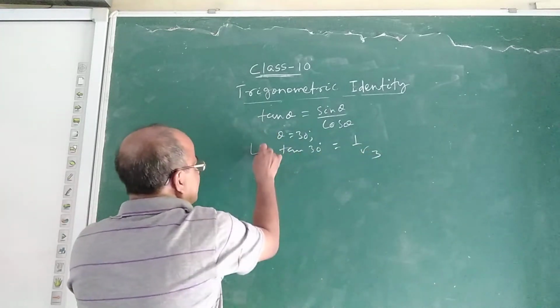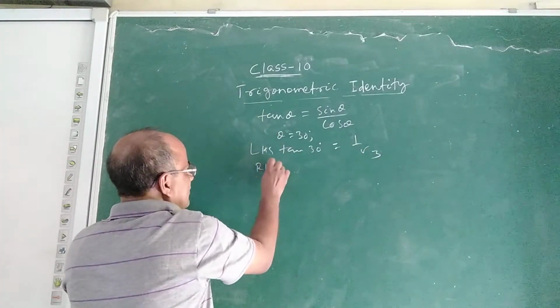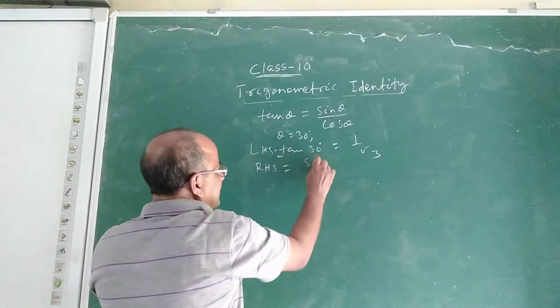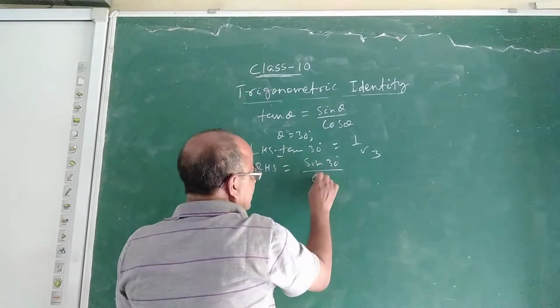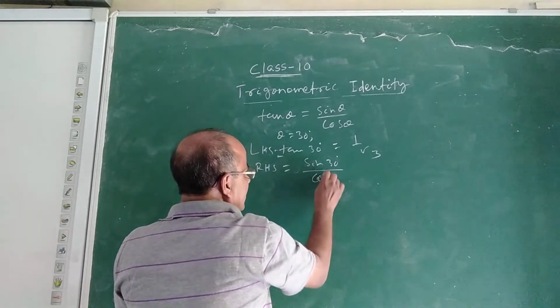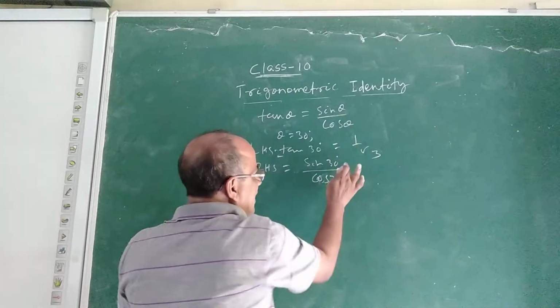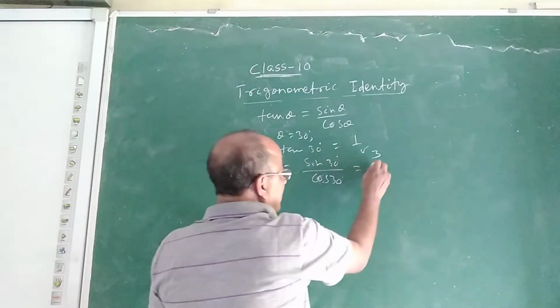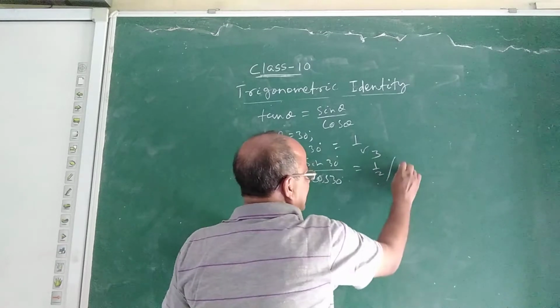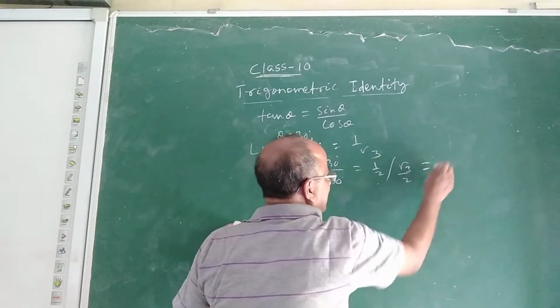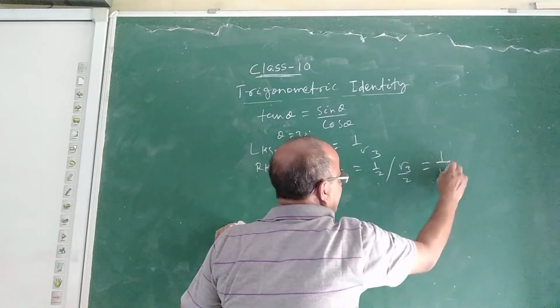This is your LHS. And what is the RHS? RHS is sin 30 by cos 30. In place of theta, I am just putting 30 degrees. So sin 30 is 1 by 2 and cos 30 is root 3 by 2. Again, on simplification, it will give you 1 by root 3.